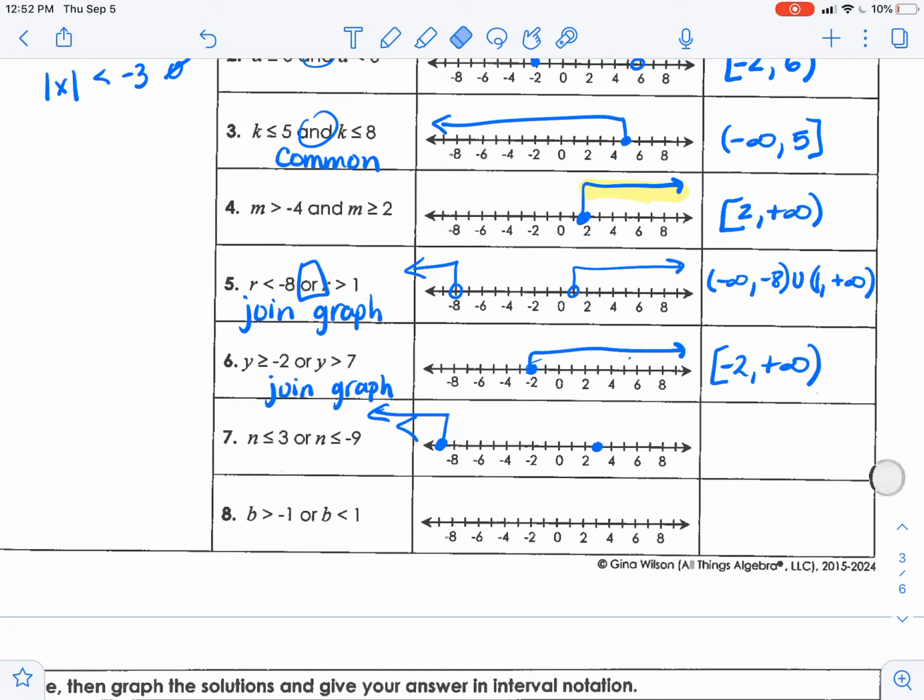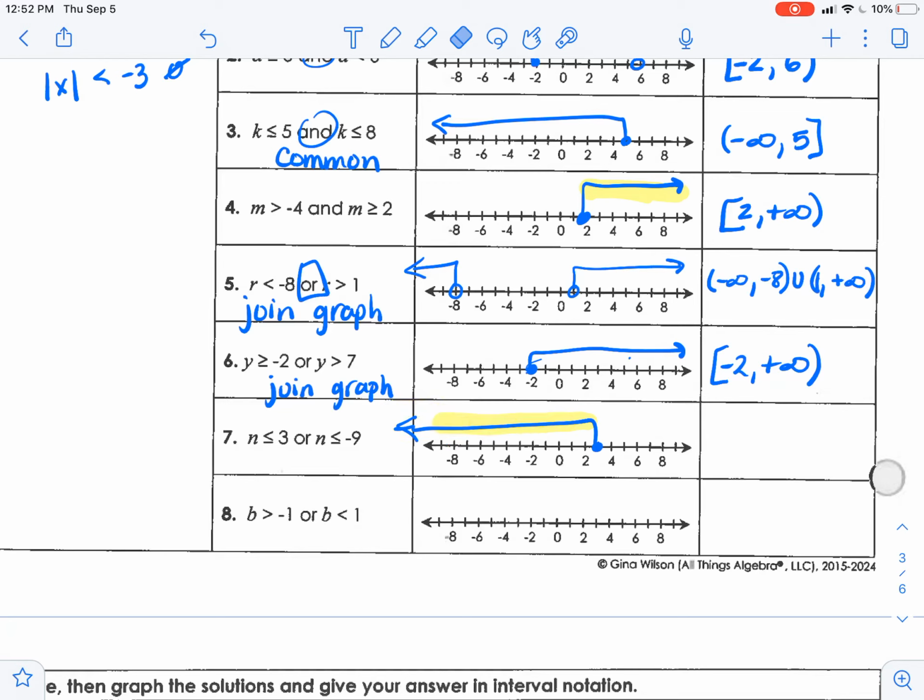Whoops, I hit the wrong button. That was supposed to be my highlighter. I see numbers graphed here, I see numbers graphed there. So my answer is going to be everything less than 3. So again, I need to come in and take out that graph.